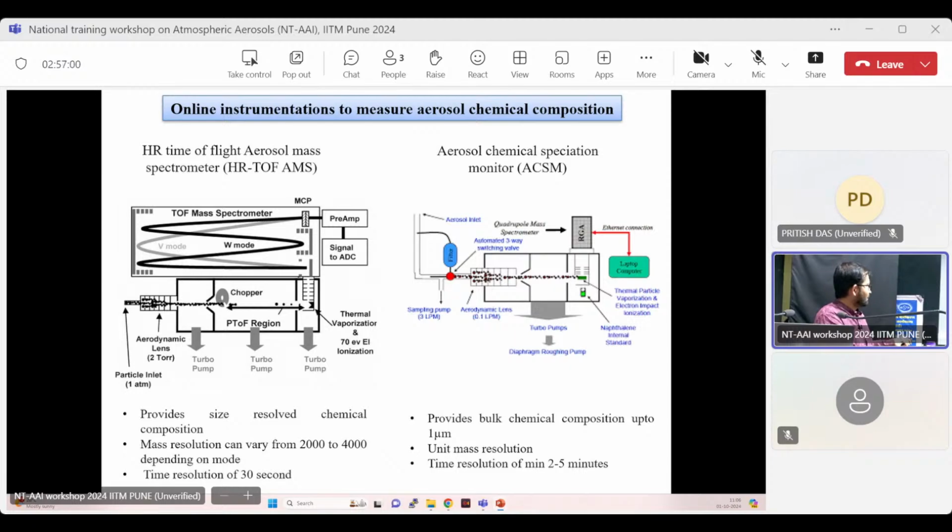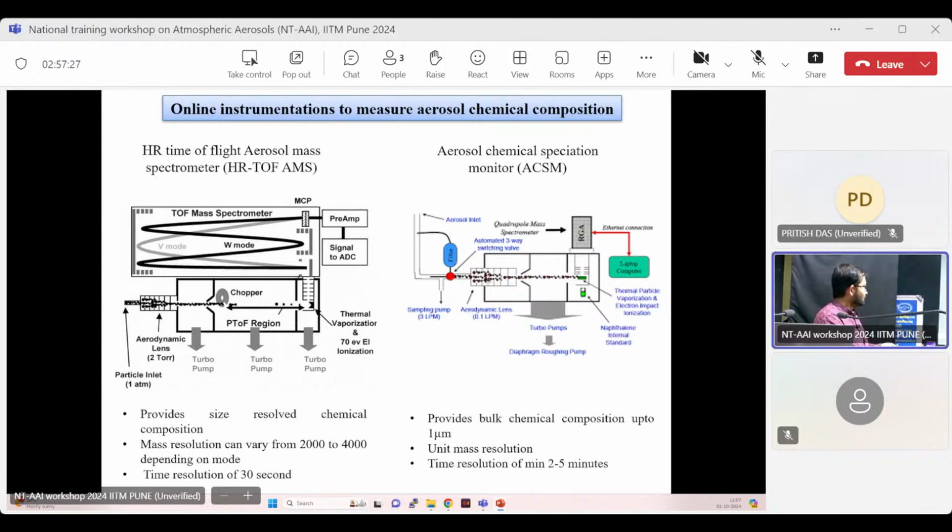From here up to the detector, the time it takes is nanoseconds, while this time period is microseconds. So there is a difference of 10 to the power 3. What people generally assume for the calculation is that by the time the particle reaches from here to here, it is immediately detected, because the time difference is on the order of 10 to the power 3.